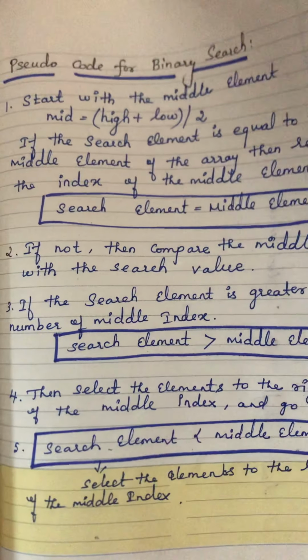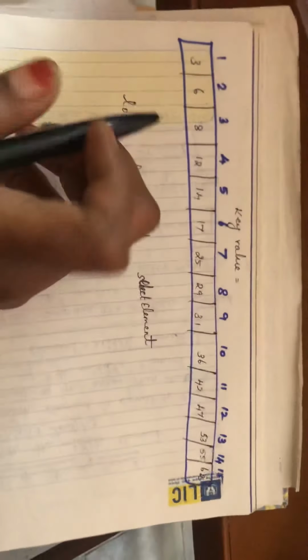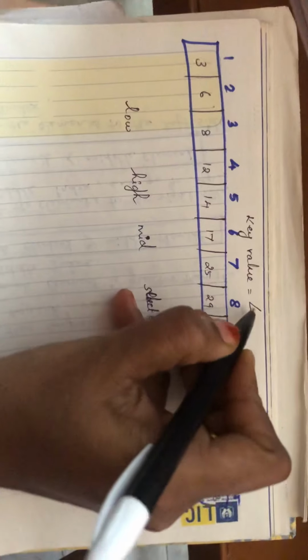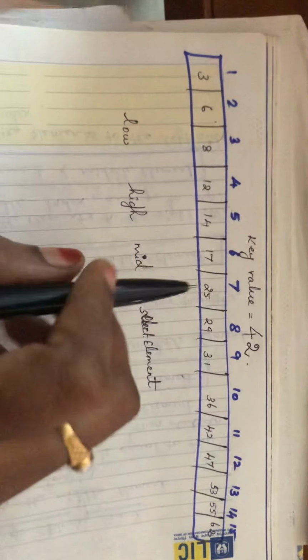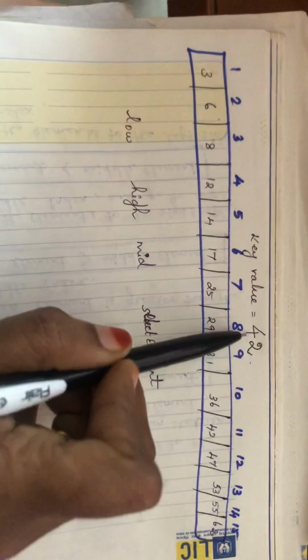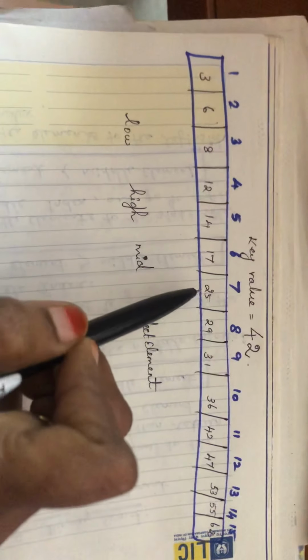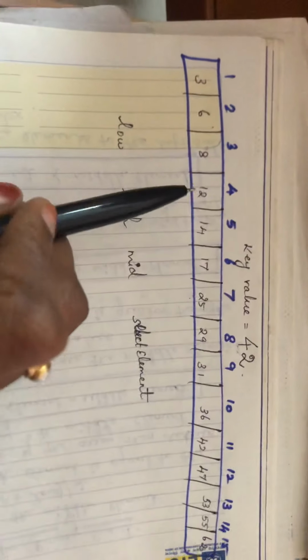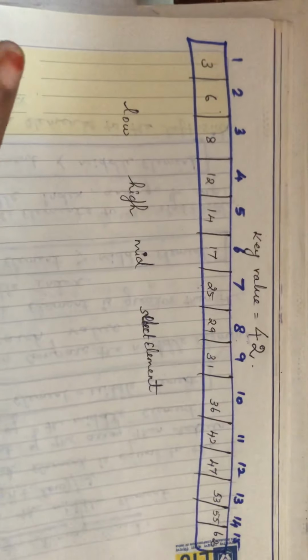Next is an example of how to search for a particular number. Here there are 15 elements. I want to search whether the number 42 is available in this list or not.